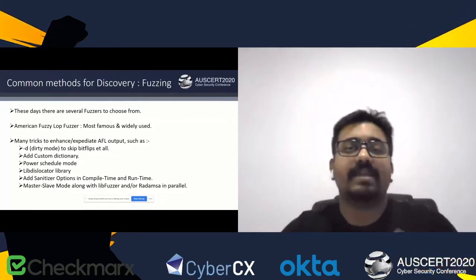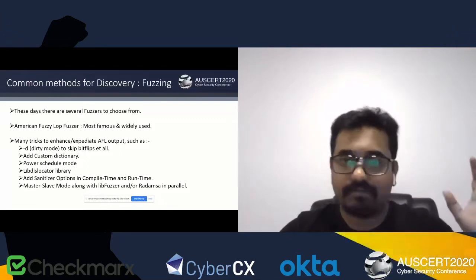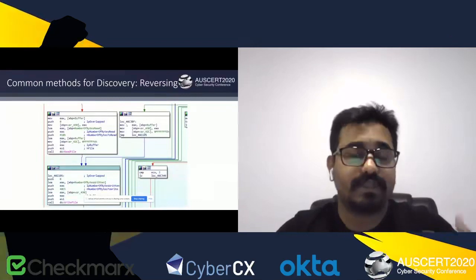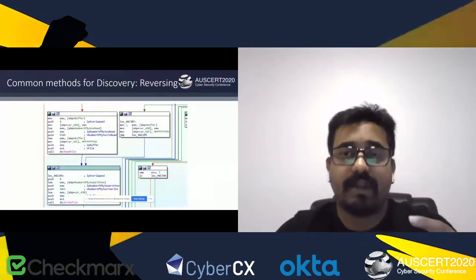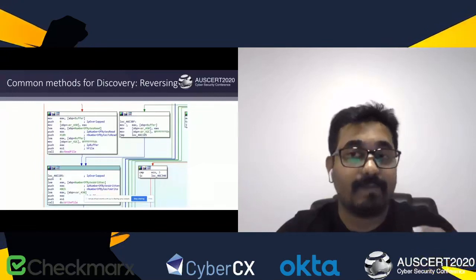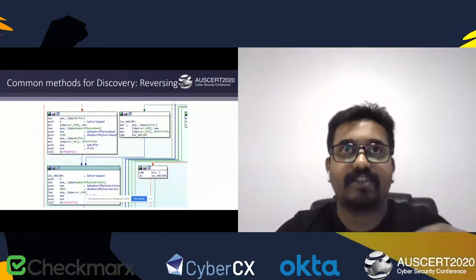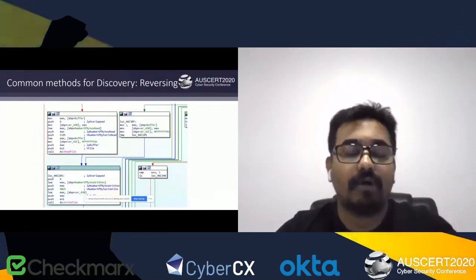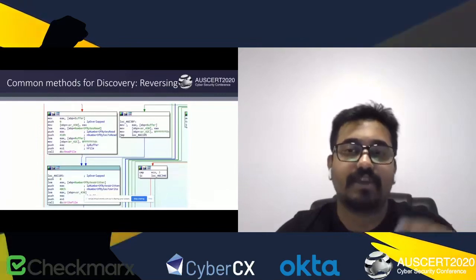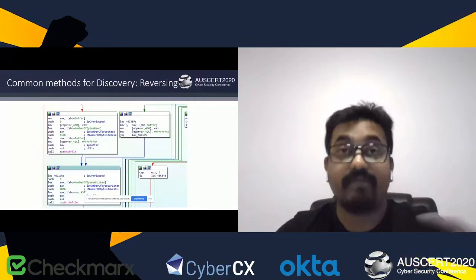So another thing is reversing. I won't be going into details because this is a whole new thing altogether. But if you're doing research, the way this works is that you can find specific sections of code if you want to just fuzz that, or if you want to change the application flow, you can remove some code, and it will actually make your research faster if you're doing fuzzing.